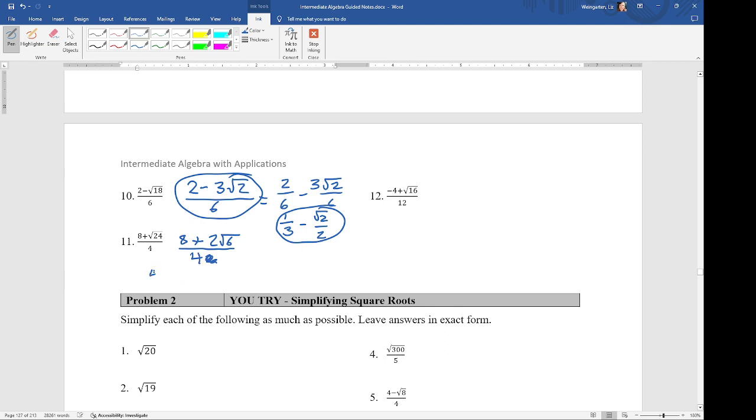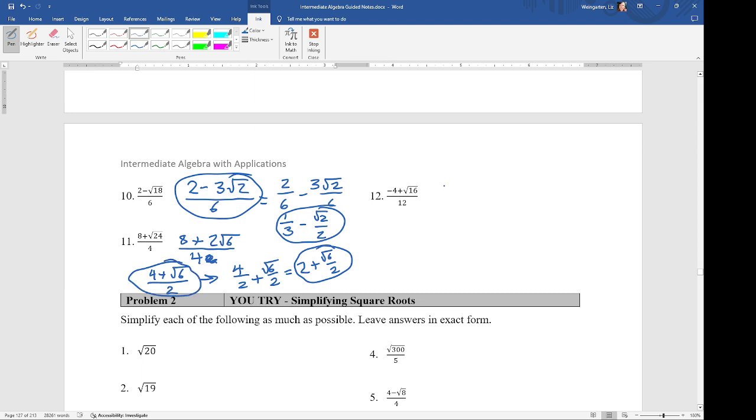So we end up with 4 plus the square root of 6 over 2, which is a fine solution. But you could also have 4 over 2 plus the square root of 6 over 2, which when simplified becomes 2 plus the square root of 6 over 2. This is correct. This is also correct.